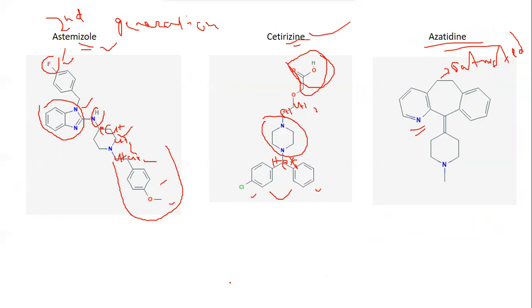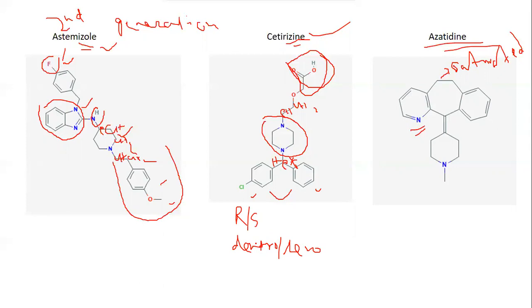When the chiral carbon concept comes, you have to understand that it should have 2 isomers, either in R or S configuration, or in dextro-levo configuration. You then have to see which configuration is more active, since one configuration should be more active than the other.